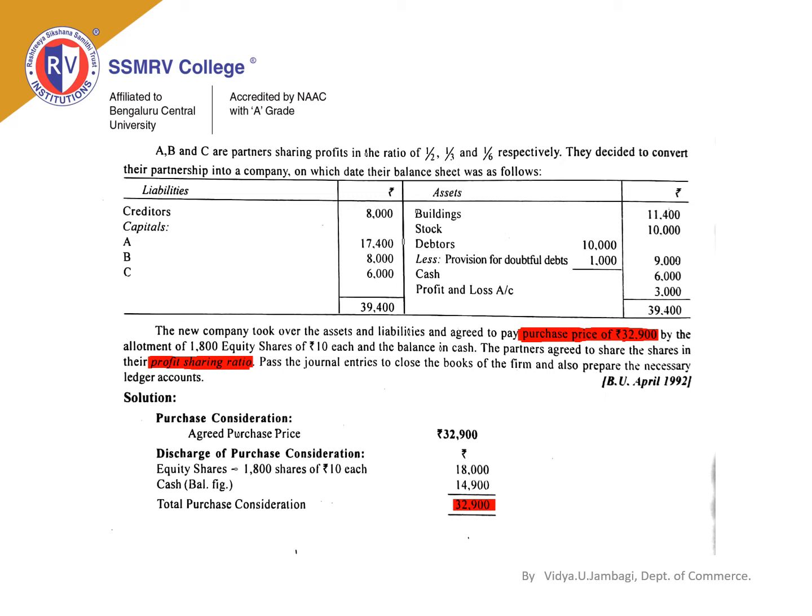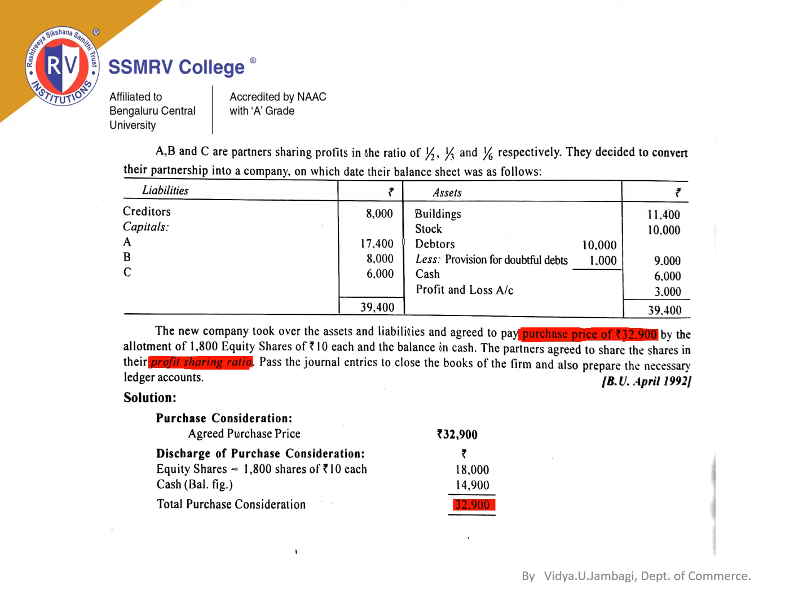So as the first step, the purchase consideration is already given to us, which is 32,900. The second step is the discharge of purchase consideration. This discharge is in the form of equity shares, which is 1,800 into 10.